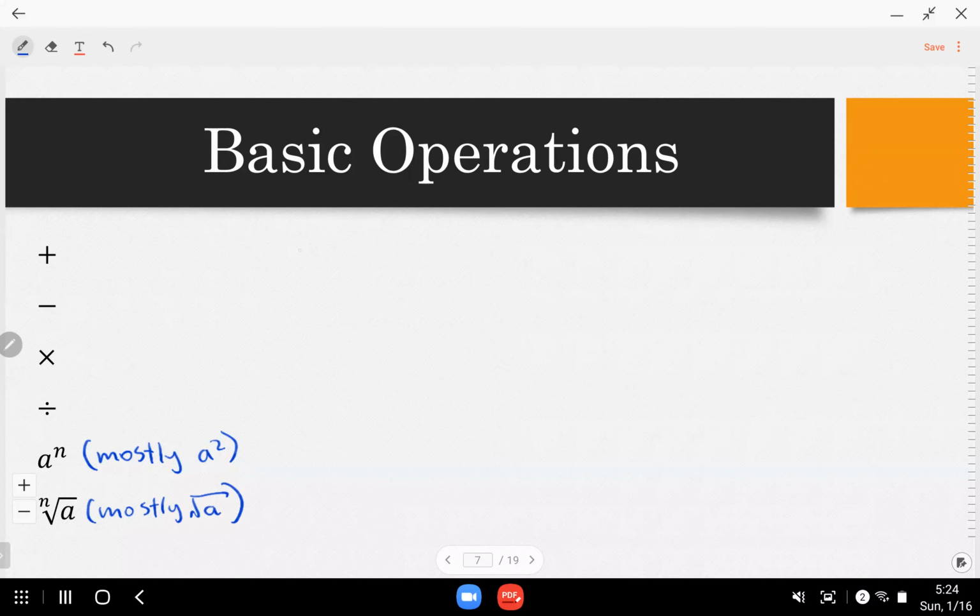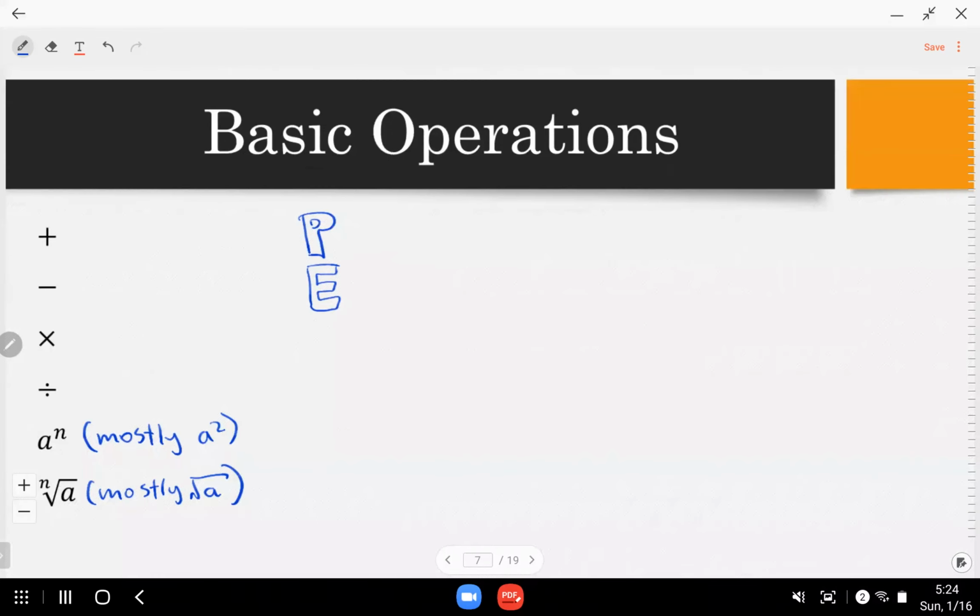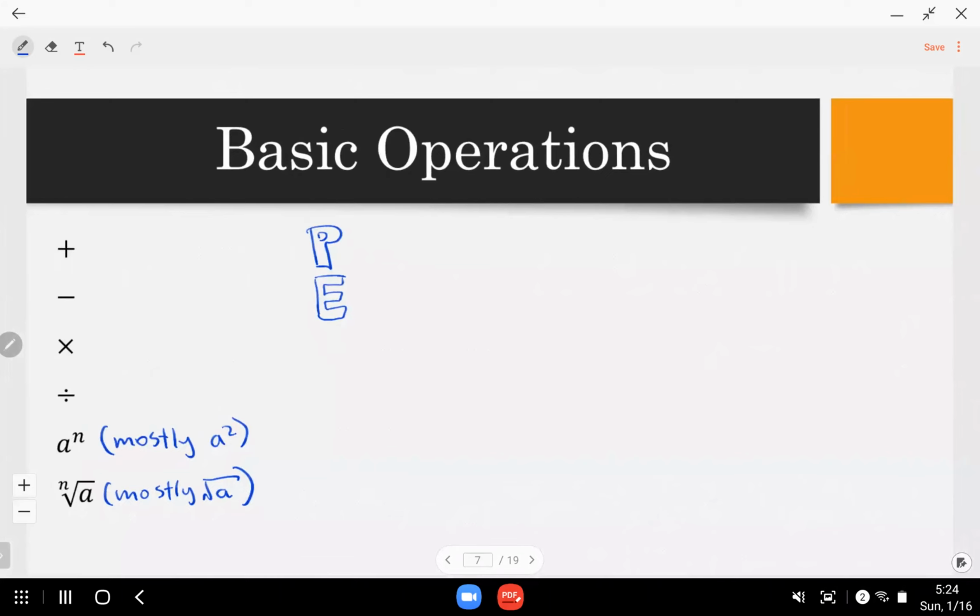So let me review our order of operations. First we have our P, and then we have the E. Then it's going to be M and D, which is multiplication and division.